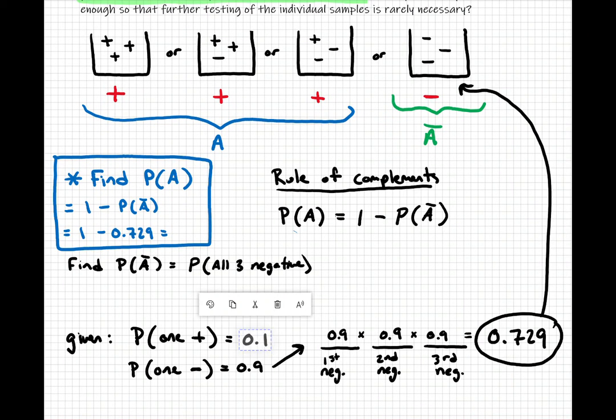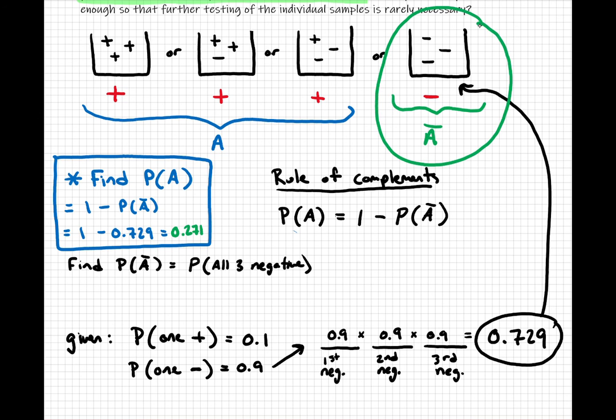And let's put that in green, 0.271. So in this case, it was easier to find this probability of not A, 0.729, because there's only one way that could happen.